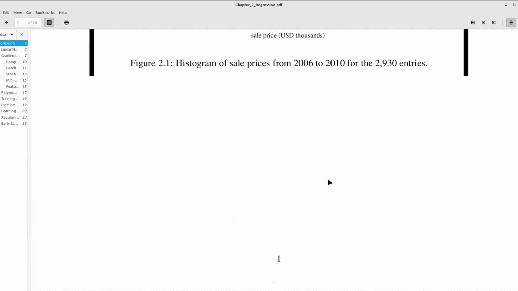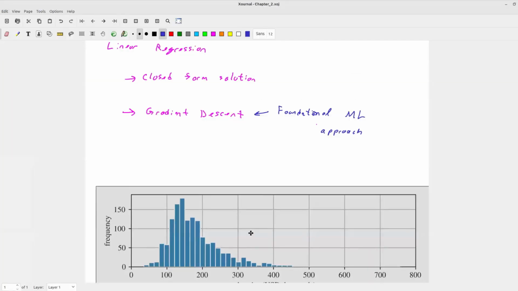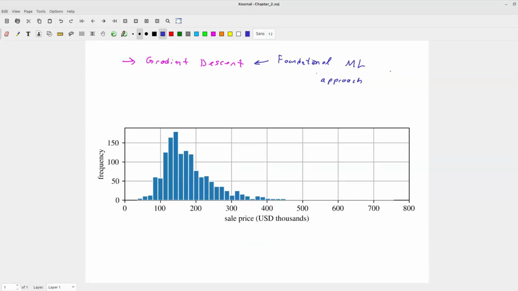This data set is a little bit interesting in that it is the Ames housing data set, from 2006 to 2010, and includes 2,930 entries and numerous variables, like size of the house, square footage, what the slope of the lot is like, and a number of things that can be used to compute home values.